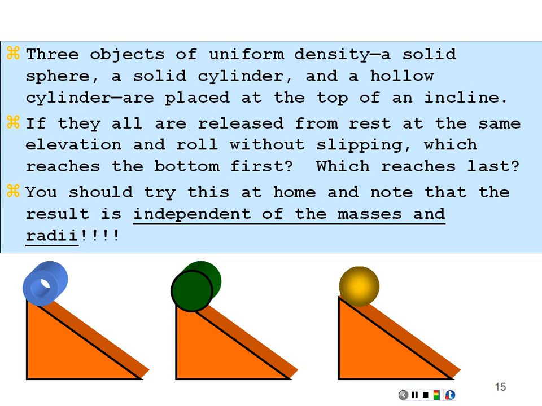All right, so we're going to have a race between, well, I just have 2 objects here, a hoop and a cylinder. Which one is going to win going down the incline? That is a good question. I'm not sure we can demonstrate this too well with our limited camera, but I'm going to try.